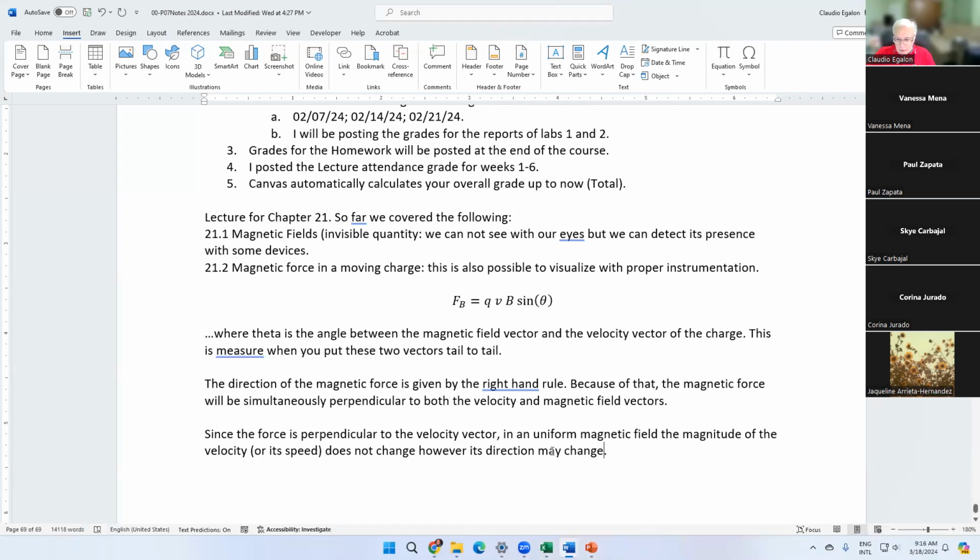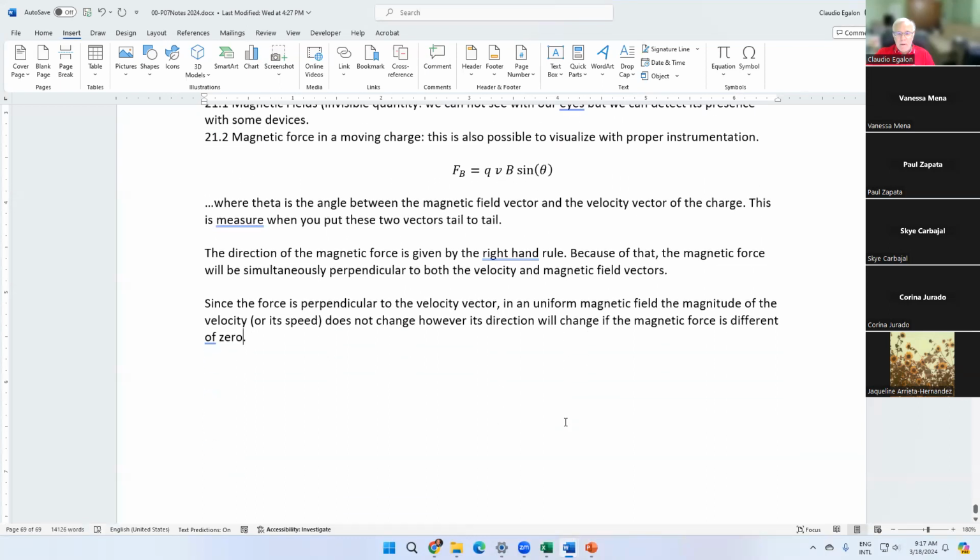Its direction will change if the magnetic force is different from zero.